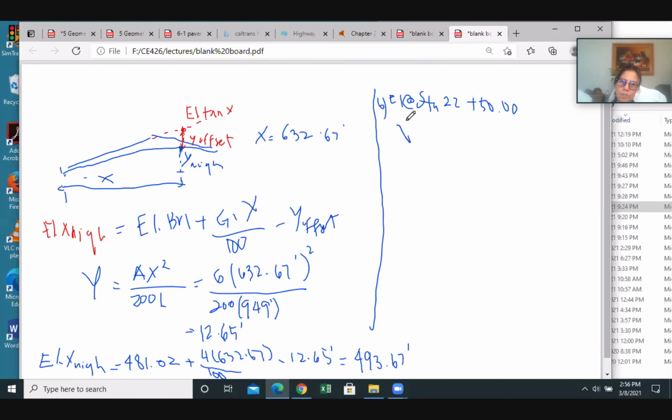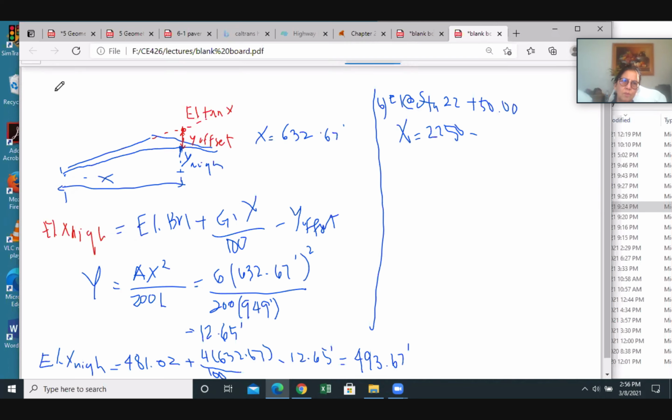Okay, so first we solve for x. How much is x? We'll know x because we know the exact location. So that's 2250, right? Minus the station of the BVC. What's the station of the BVC?